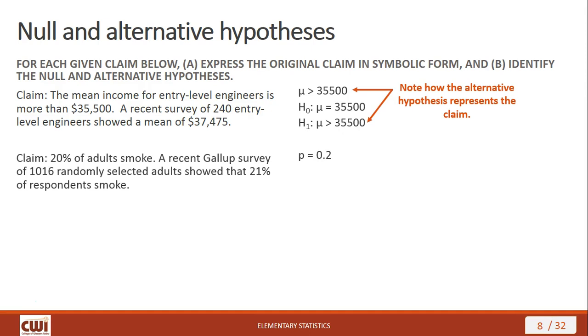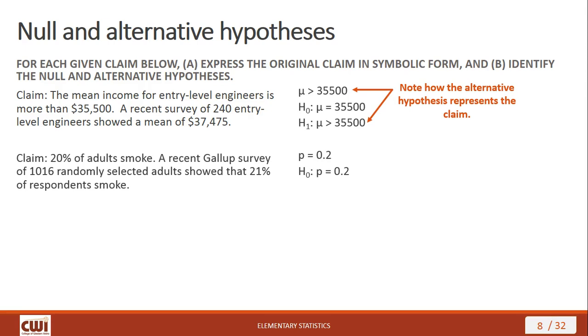Now, the null hypothesis will always take an equal sign. So we write that as the proportion of the population equals 20%. But wait, this is exactly what we had claimed. I thought that the alternative hypothesis always represents our claim. Usually it does, but that's not always the case.